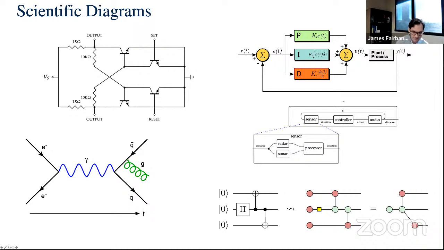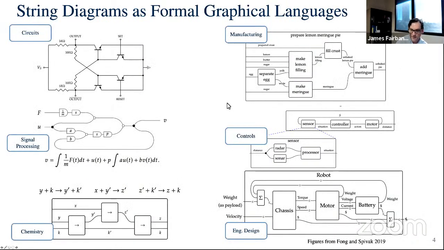So all the visual elements in these diagrams have some mathematical meaning. This has been formalized within the applied category theory community through the language of string diagrams as formal graphical languages that have precise mathematical semantics, and that's the application of category theory.